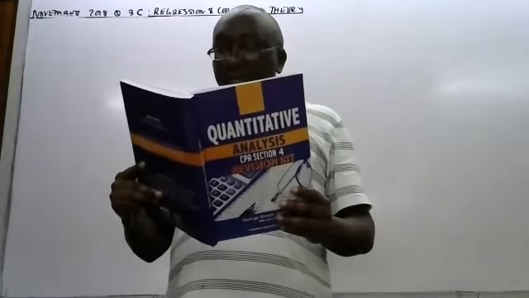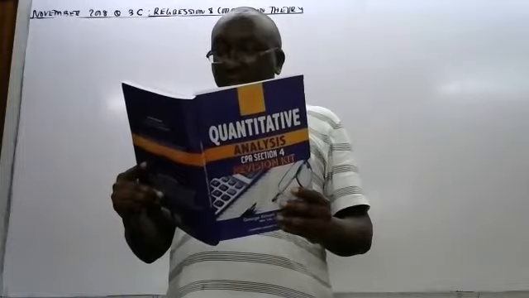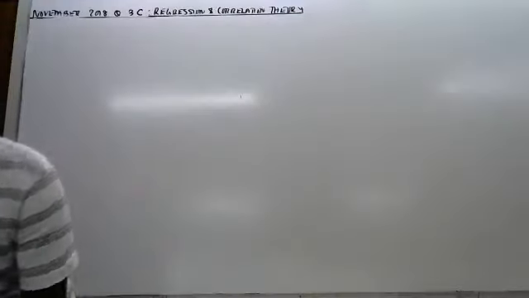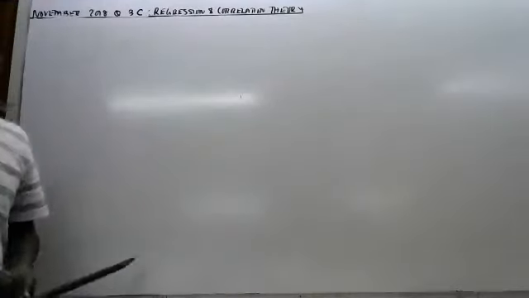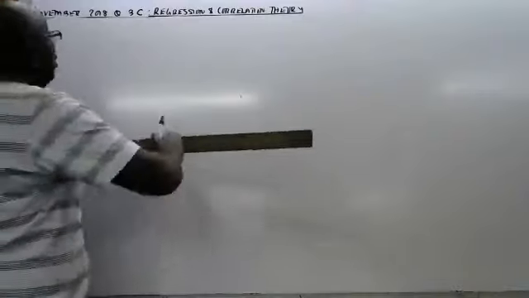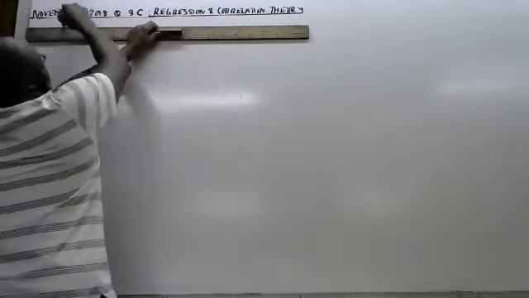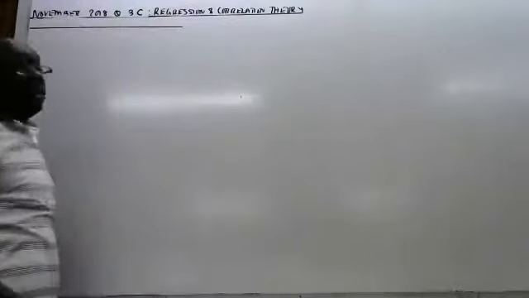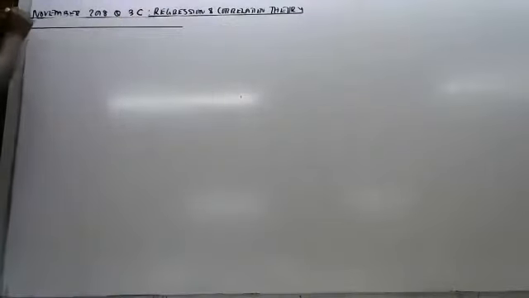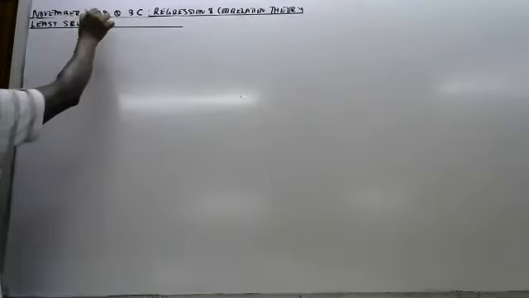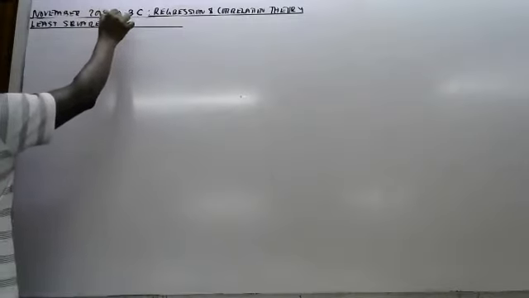Now required the least squares regression function, coefficient of determination, and you comment on the results. I have been telling you, when you come across that kind of a question, the first thing is to give us the format. So least squares function.